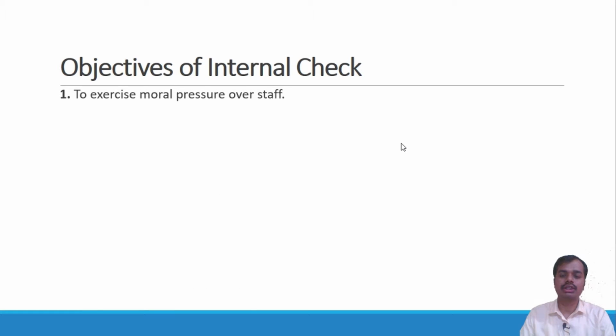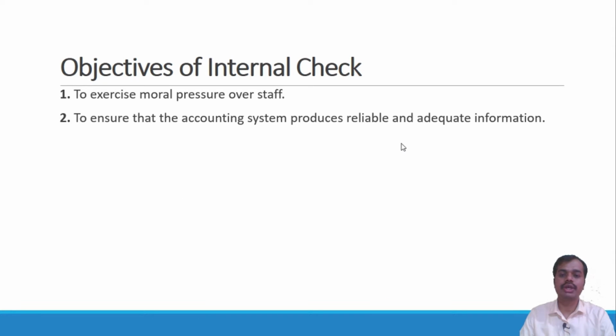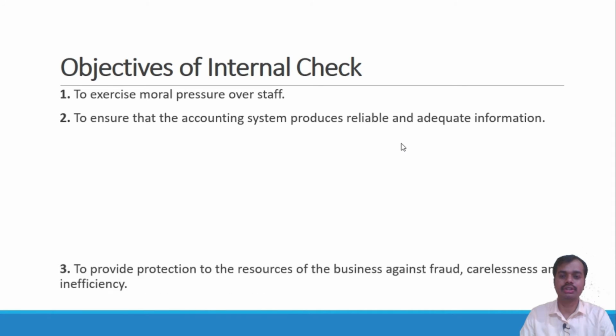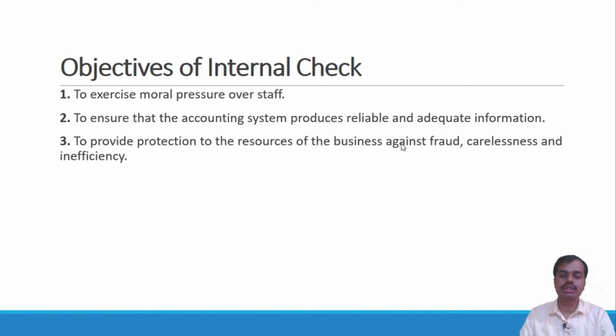First objective is to exercise moral pressure over staff. Second objective is to ensure that the accounting system provides reliable and adequate information. Next objective is to provide protection to the resources of the business against fraud, carelessness, and inefficiency.